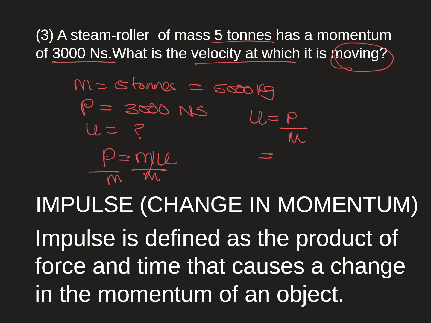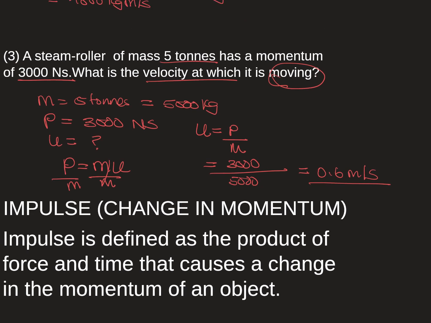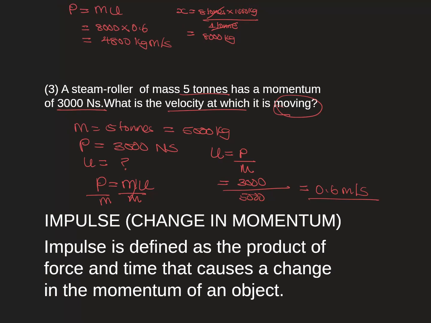The momentum given is 3000 divided by the mass of the object, which is 5000. So what is the velocity? 3000 divided by 5000, that is 0.6 meters per second. So that is the velocity at which the steamroller is moving.